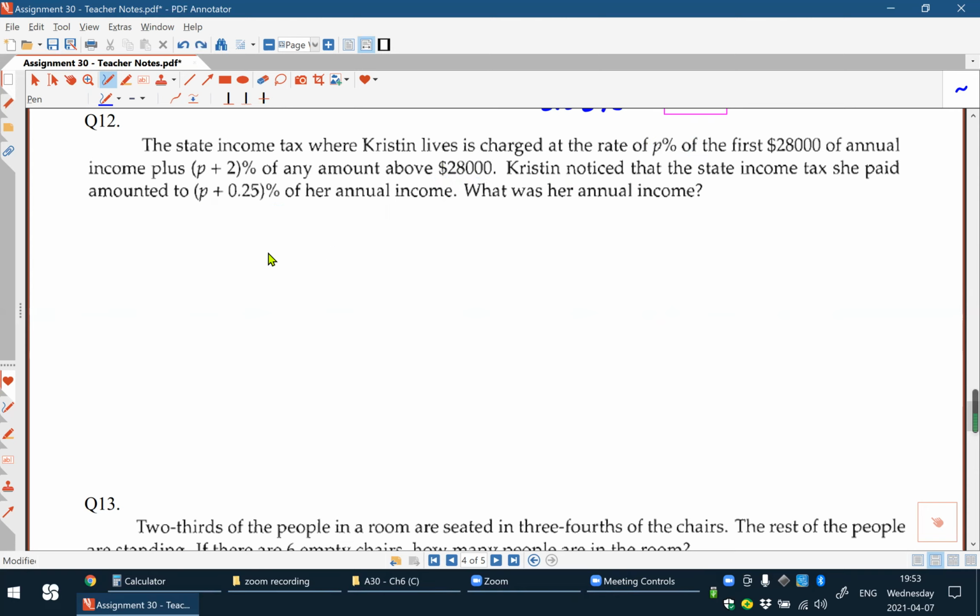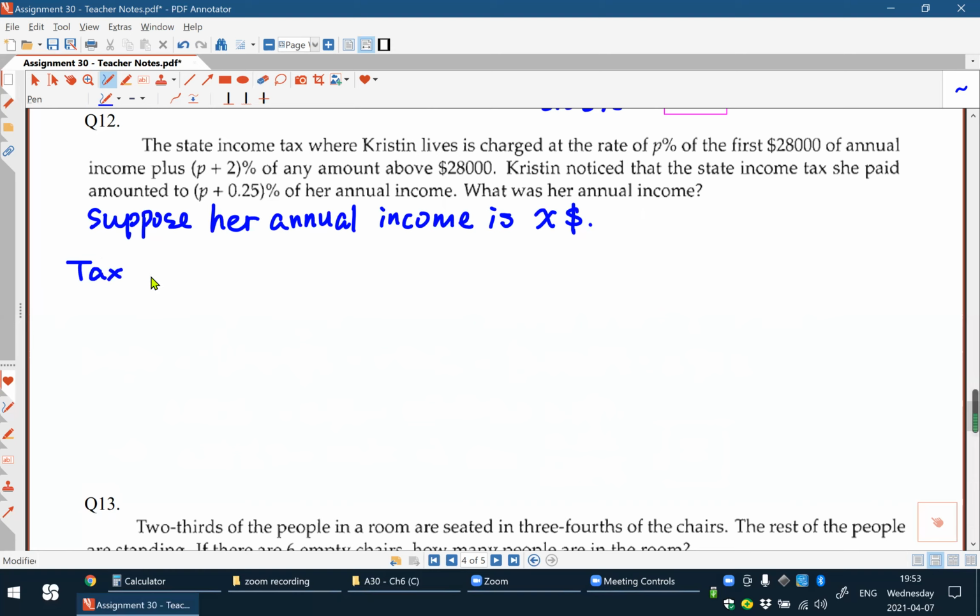So suppose we use a letter to denote her annual income. Suppose her annual income is X dollars. So what information do we have here?